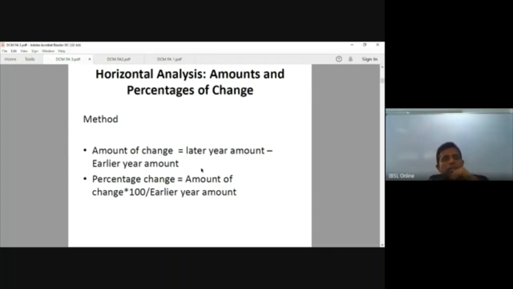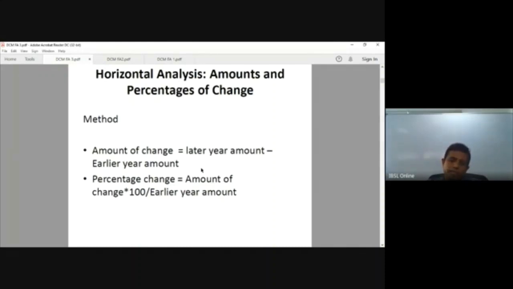For example, in 2020, sales is 200 million. In 2019, sales is 150 million. Then the amount of change is the 2020 amount minus the 2019 amount, that is 50 million.